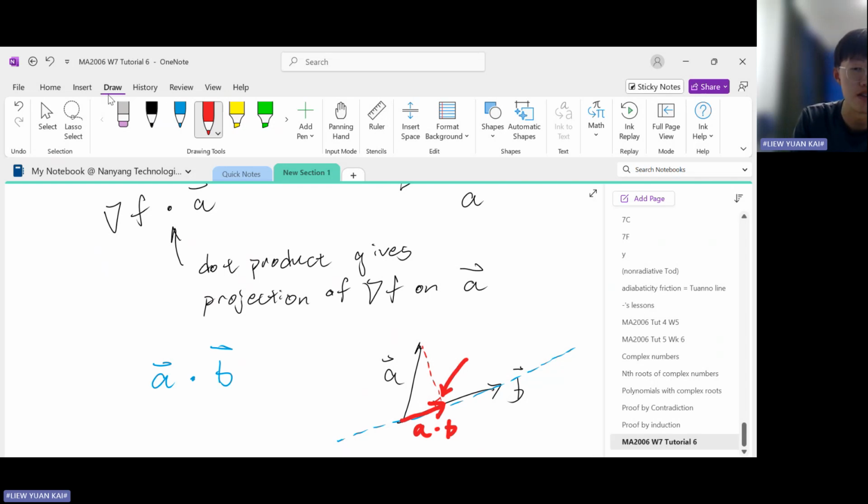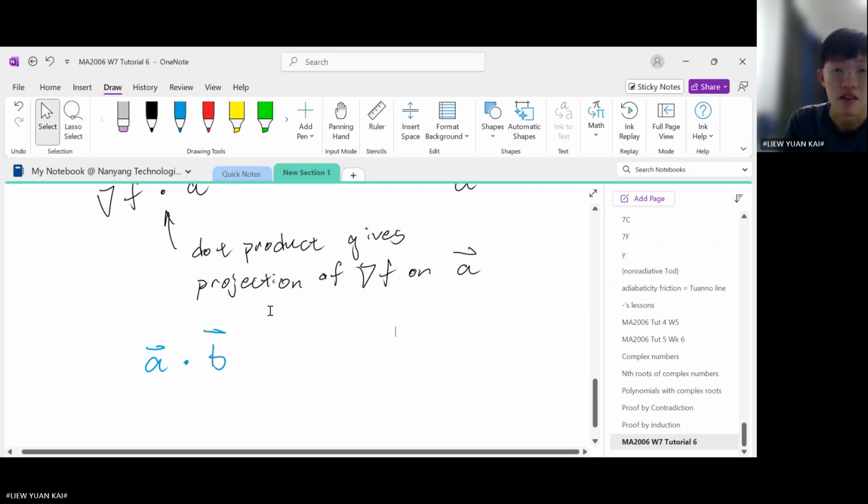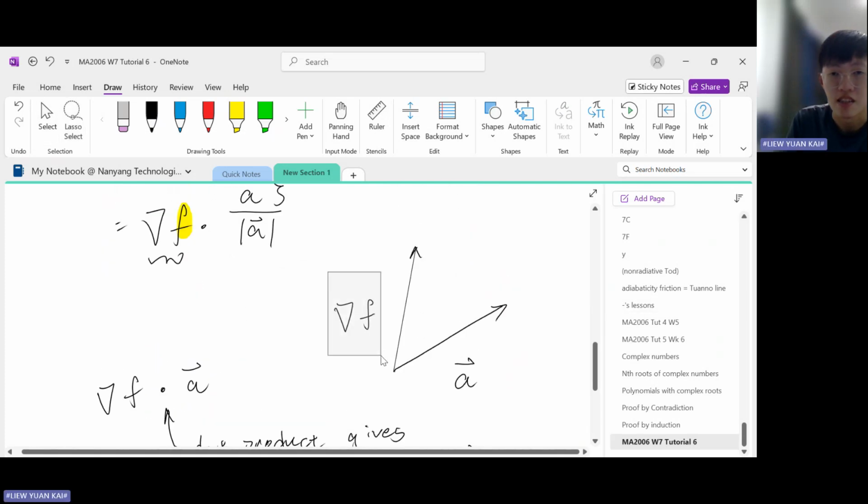So that's what the dot product gives us: the projection of a vector on another vector, meaning the component of the vector that is parallel to a separate vector. Nabla f is the rate of change of f.